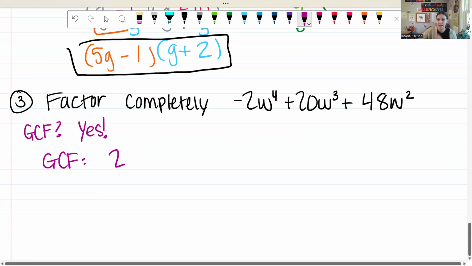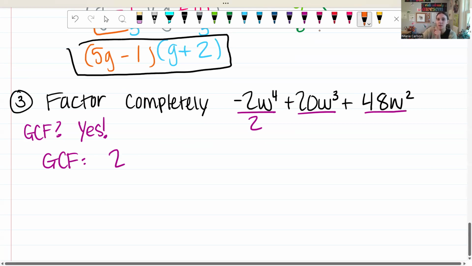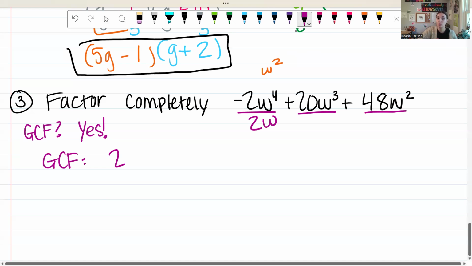I can divide all of these terms by 2. And thinking about what we want here, this is a trinomial, so it would be cool if it ended up with w squared. So can I remove 2 w's from each of these? Yes. So I can remove 2w squared from each of these terms.